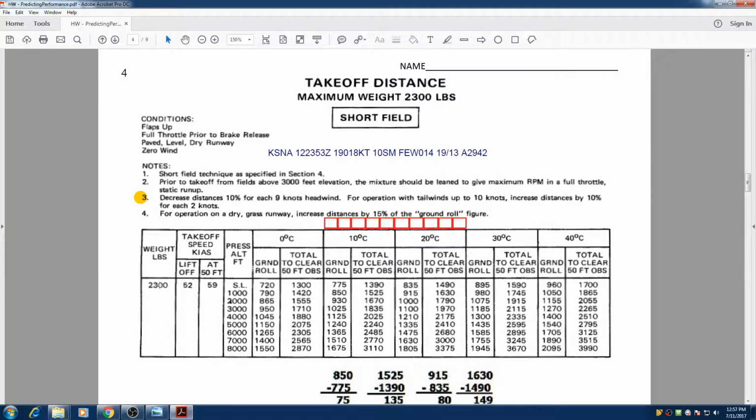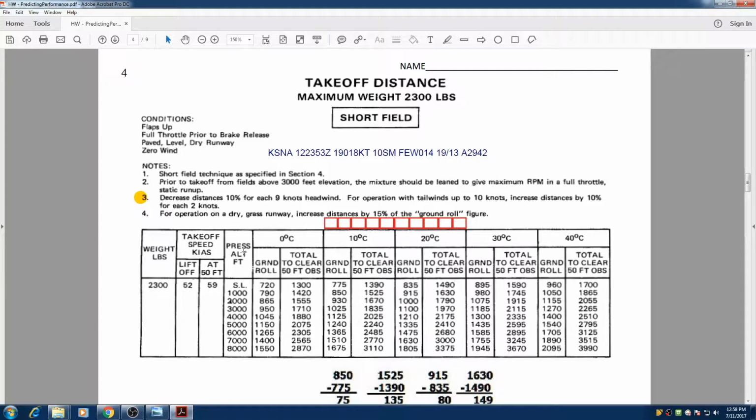This chart is basically based on your specific weight. Right here is 2,300 pounds, and as you can see, this chart is based on the pressure altitude. We calculated the pressure altitude for today. If you are not sure how to calculate the pressure altitude, I suggest you watch our video on calculating the pressure altitude on its own topic.